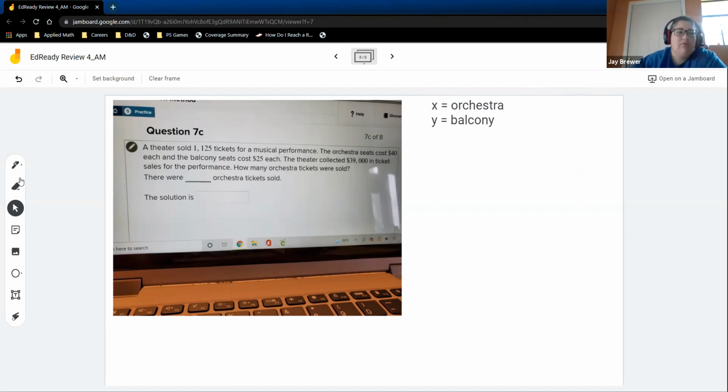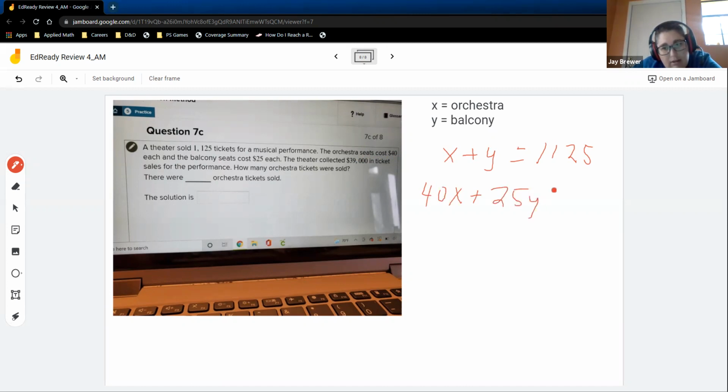So we know that the tickets together will be 1,125 tickets sold together. We know that orchestra tickets are $40 each and balcony tickets are $25 each, and that the total sales was 39,000. Okay. That is our system that we now have to solve.